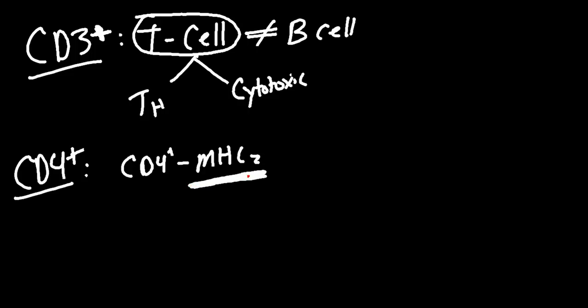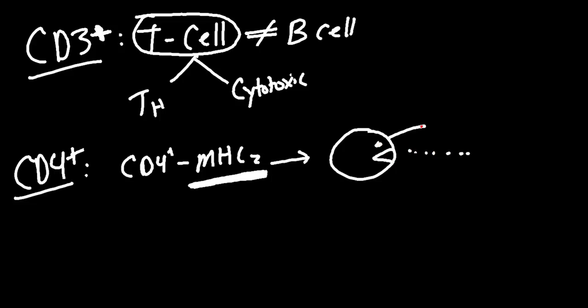Let's say a dendritic cell, for example. It's going to grab antigens from the environment, maybe a protein, maybe a saccharide, maybe a sugar. Then it's going to break it down into fragments, eat it up, kind of like Pac-Man. Nom nom nom.